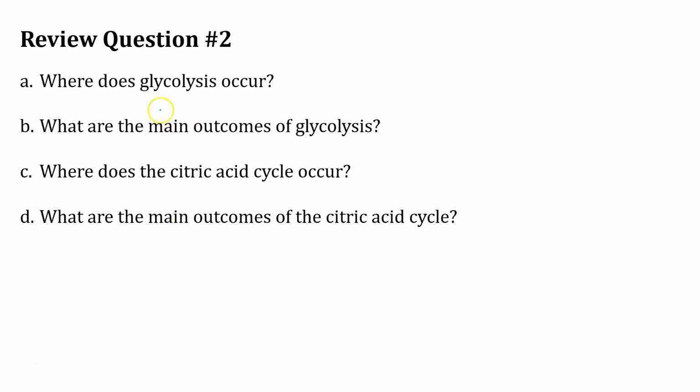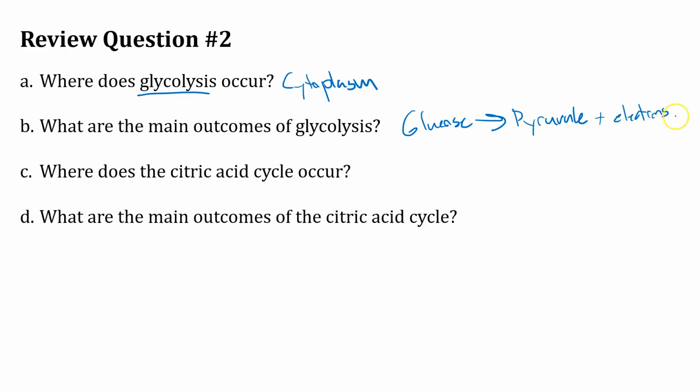All right, the answers. Glycolysis, cytoplasm. The main outcomes of glycolysis, well, you take glucose, you break it down to pyruvate, and in the process you make a few electrons, and you also make some ATP, and a little bit of water, and also some hydrogen ions.